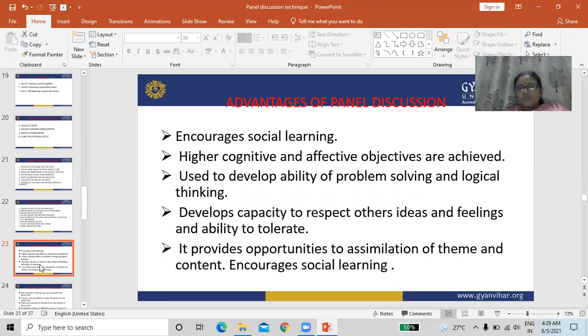Develops capacity to respect other ideas and feelings and ability to tolerate. Because when some members discuss a particular topic, maybe one person does not agree with the other person's argument, so it develops our capacity to respect other ideas, feelings and ability to tolerate.